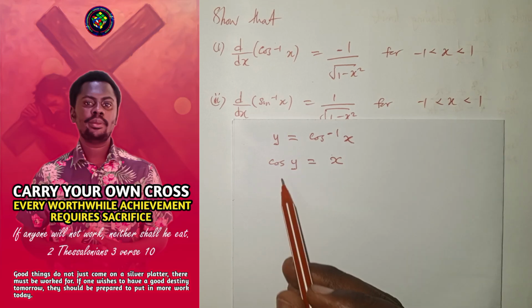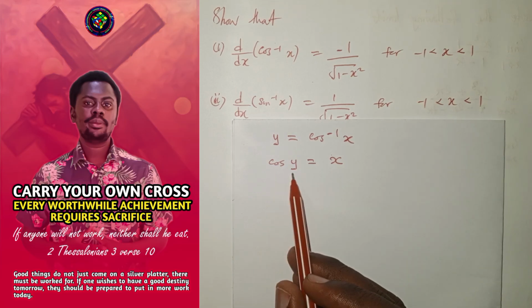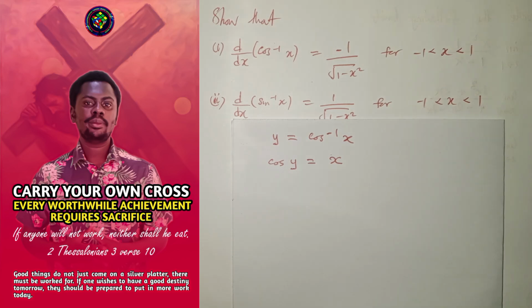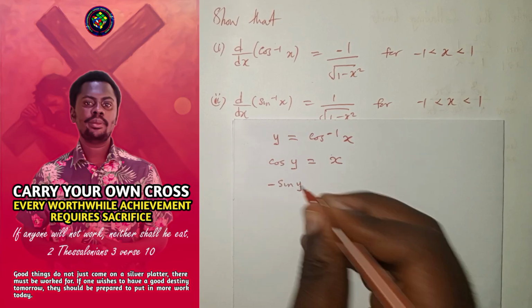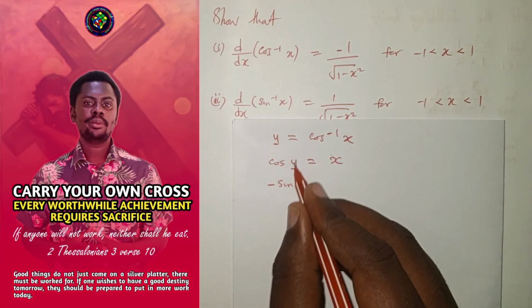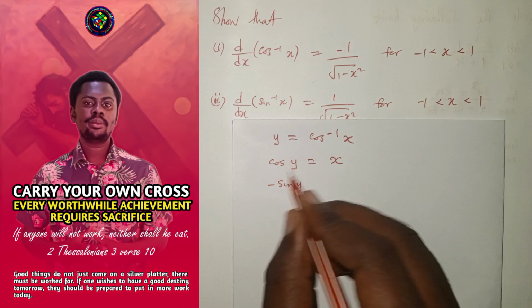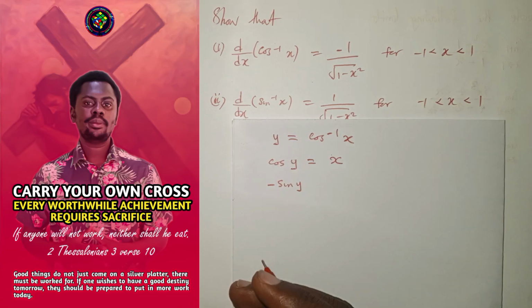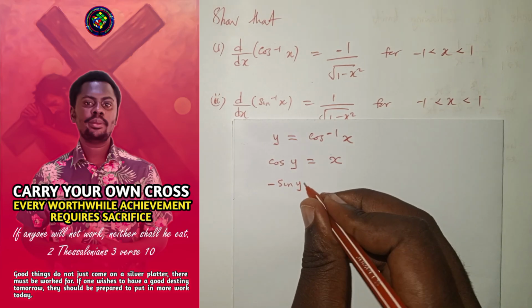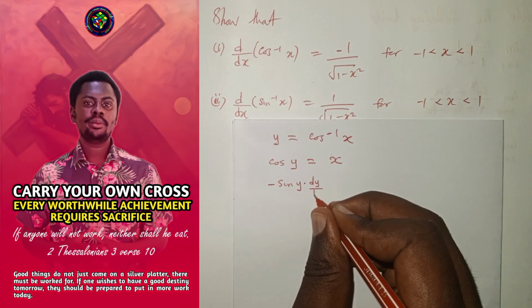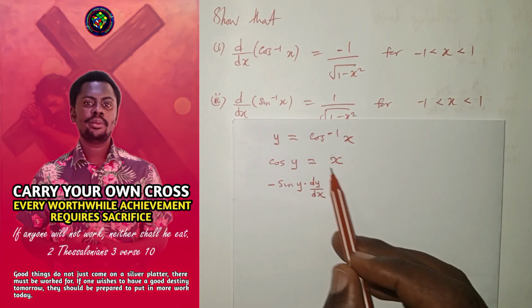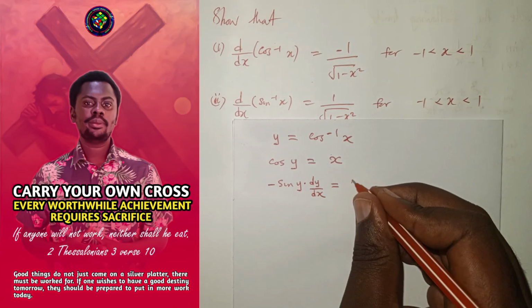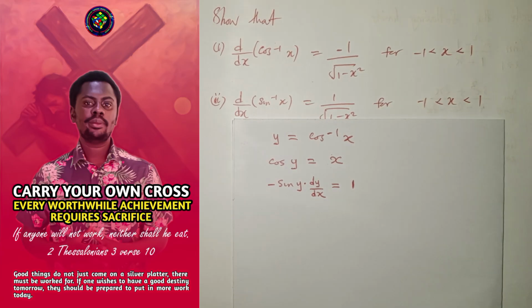So here, derivative of cosine of y is negative sine y. So we have minus sine y. Now since this is not in terms of x, we multiply with the dy dx, is equal to the derivative of x, which is 1.